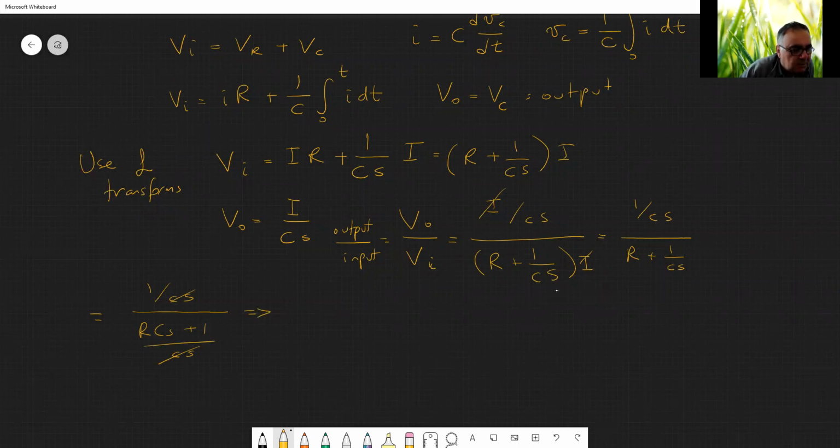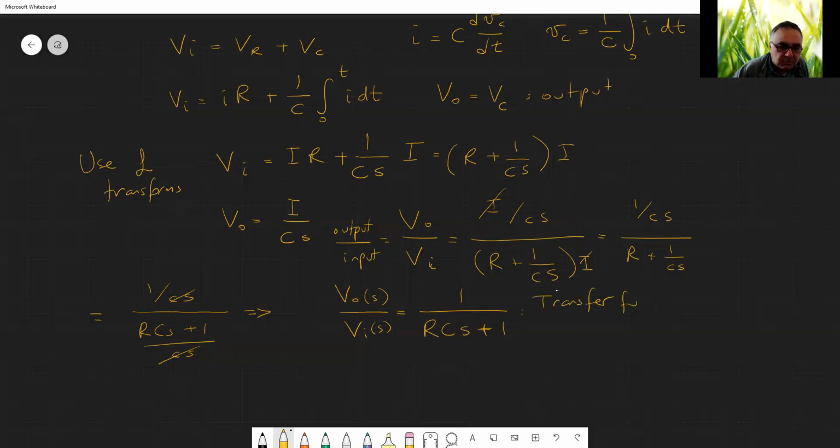And finally, we get the output voltage divided by the input voltage as a simple expression, which is 1 over RCS plus 1. This is a plus. This is the Laplace transform, the transfer function of this system that relates the output voltage to the input voltage.